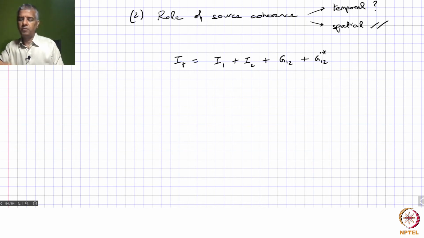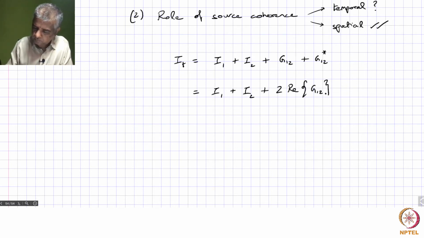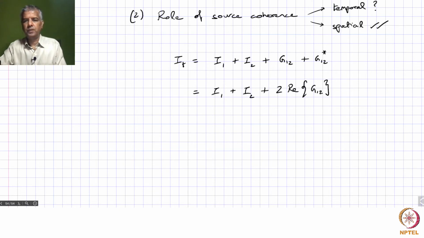So we will write it out explicitly like this, and G12 is actually a complex value. You know that the addition of a complex number with its conjugate is going to give you 2 times the real part. So you will get I1 plus I2 plus 2 times the real part of G12, right.